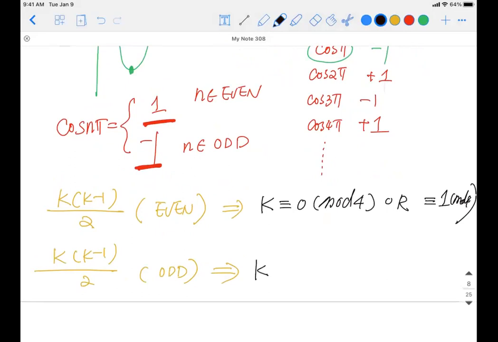Or as long as k is congruent to 2 modulo 4, or congruent to 3 modulo 4, I would be able to have this expression equal to odd. Very understandable, right?